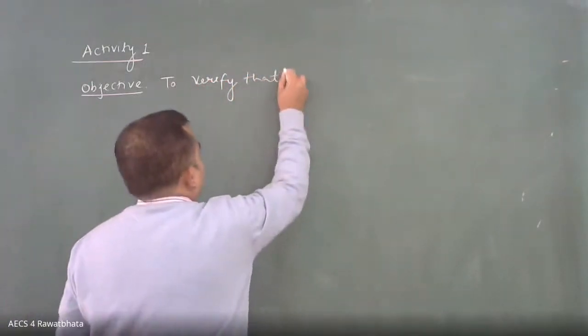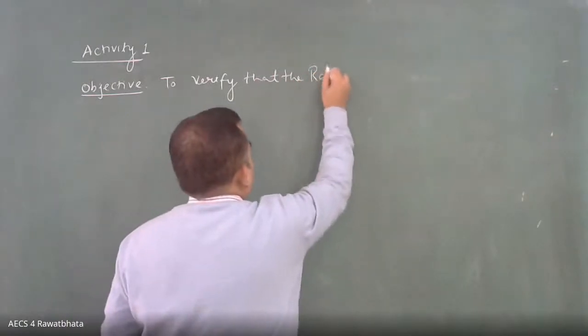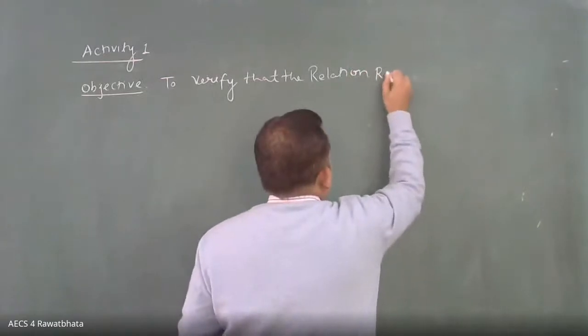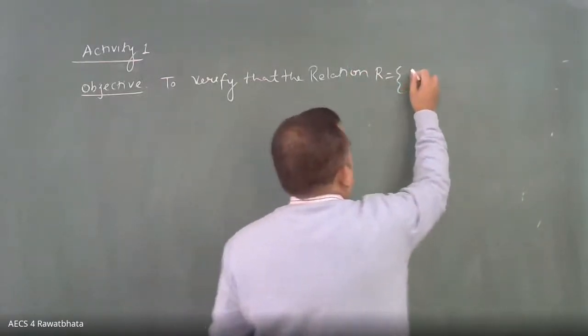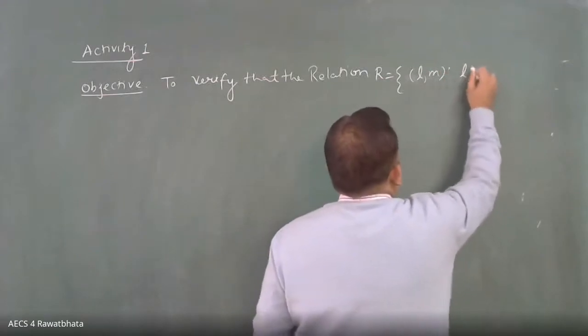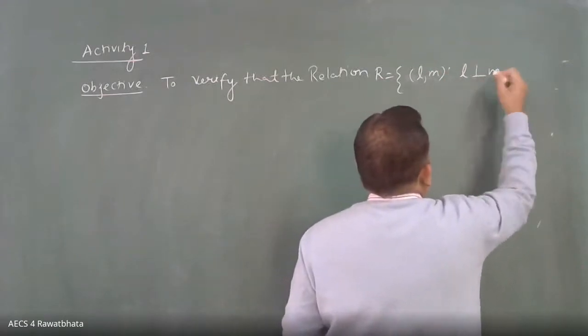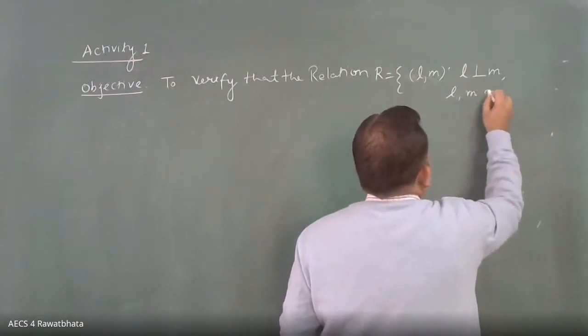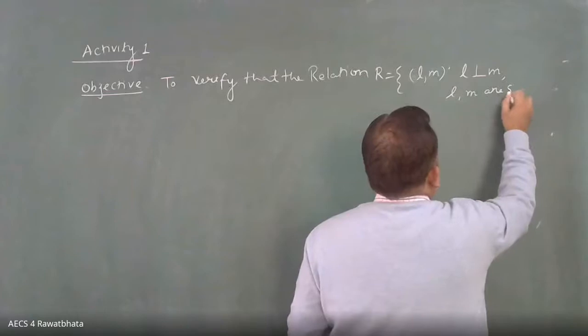The objective for the first activity is to verify that the relation, based on the chapter Relations and Functions, R equals {(L, M): L is perpendicular to M, where L, M are straight lines}.